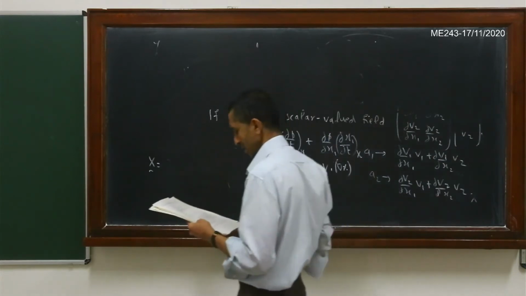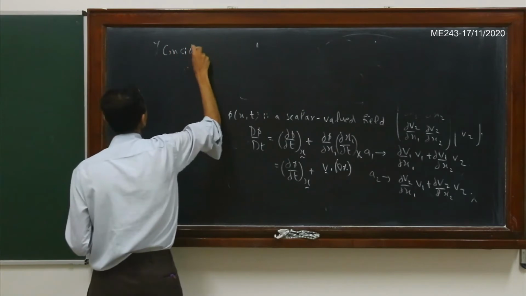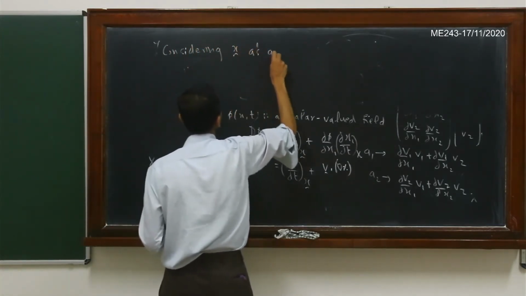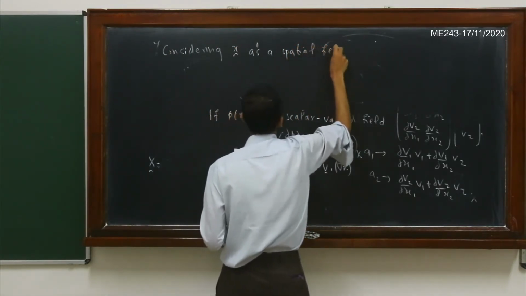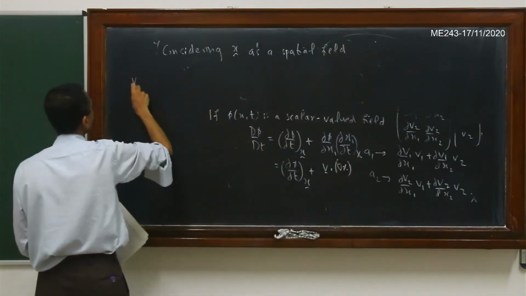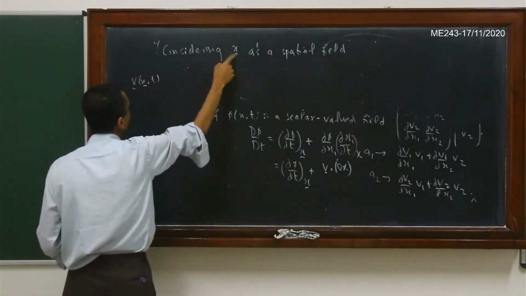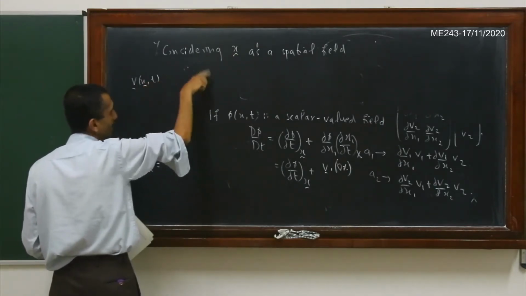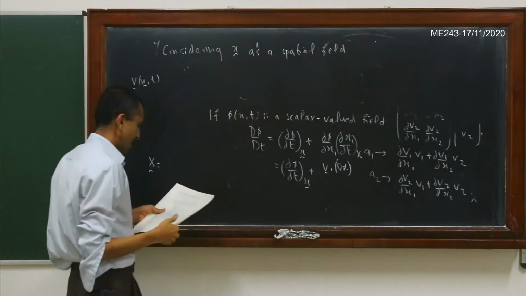Considering small x as a spatial field, because generally we write a spatial field as some function of x comma t, right? So here x is a function of x itself, but not of time explicitly. So in that sense we can consider it as a spatial field here.